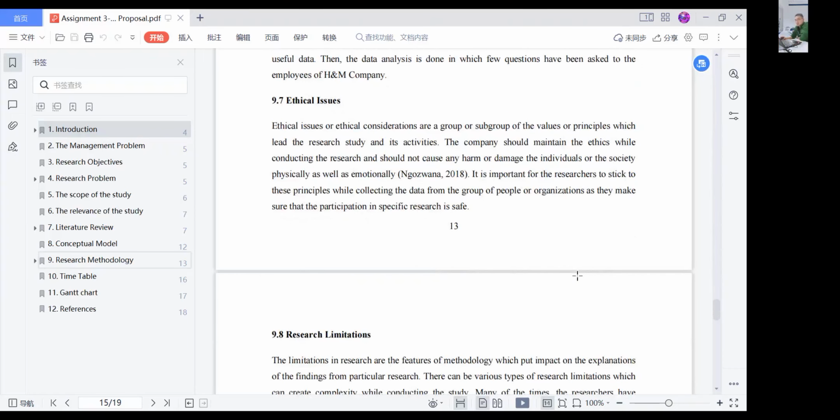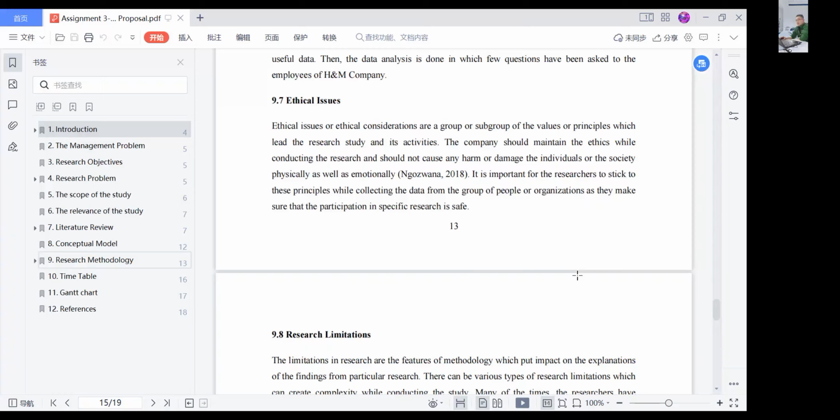9.7 is ethical issues. Ethical issues or ethical considerations are a group or subgroup of the values or principles which lead the research studies and the activities. The company should maintain ethics while conducting the research and should not cause any harm or damage to the individual, socially, physically, as well as emotionally.